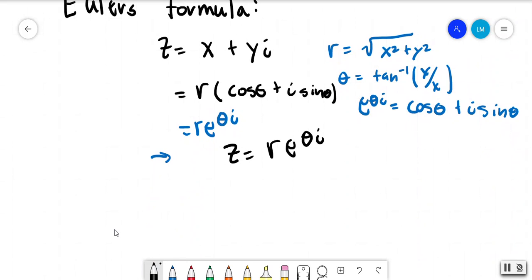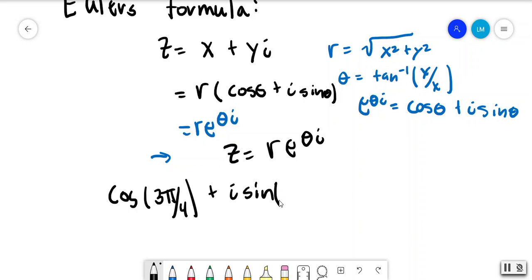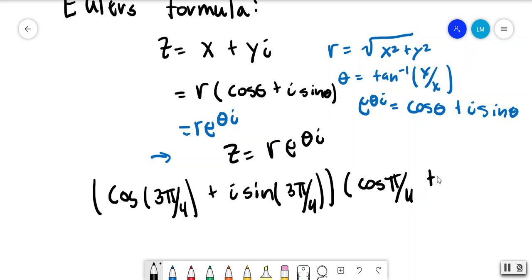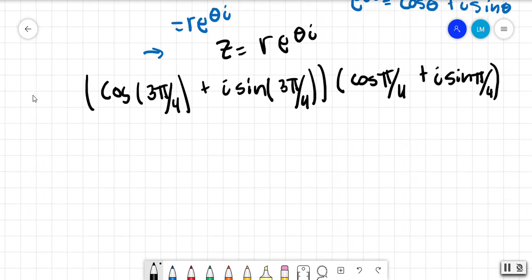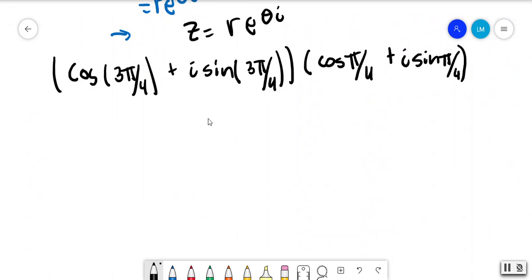Let's say I had cosine of 3 pi over 4 plus i sine of 3 pi over 4, and then another bracket with cosine of pi over 4 plus i sine of pi over 4.